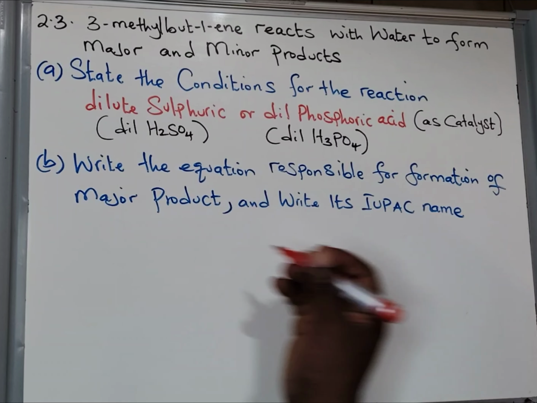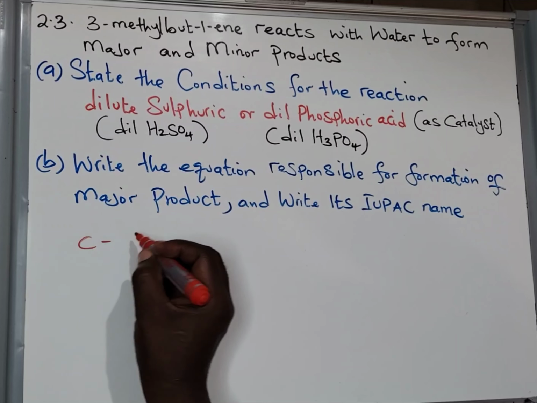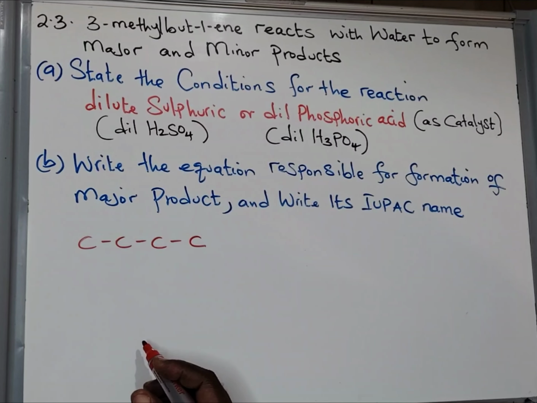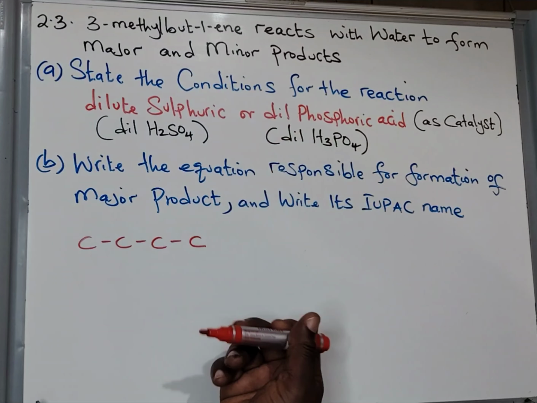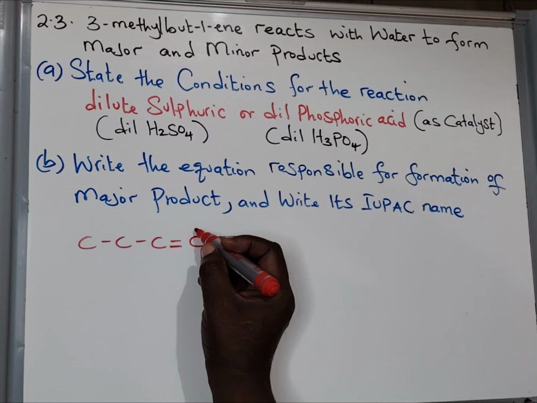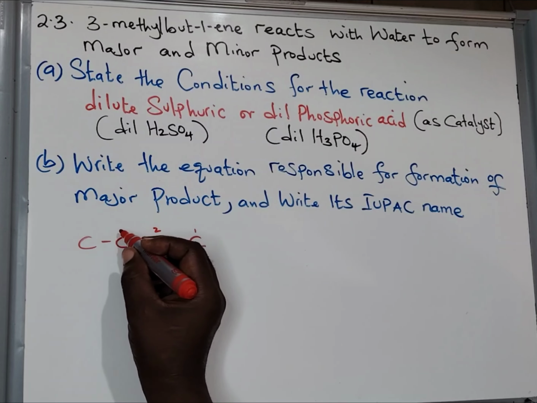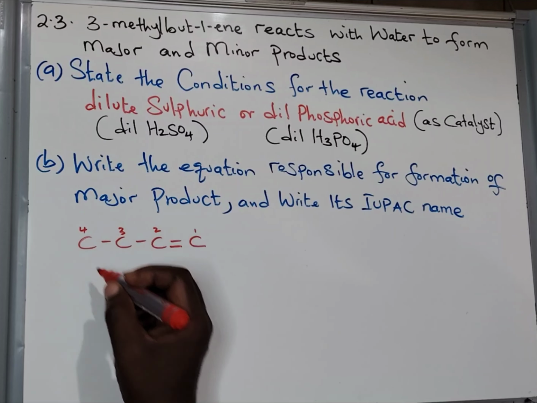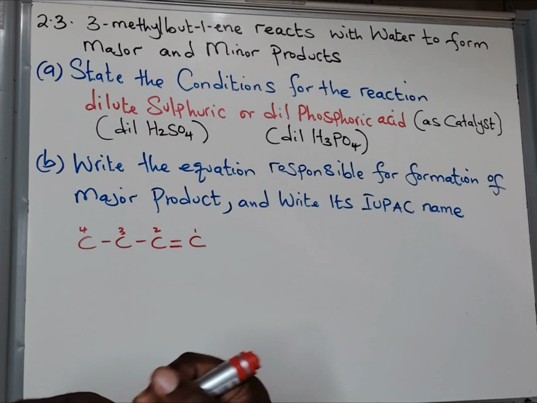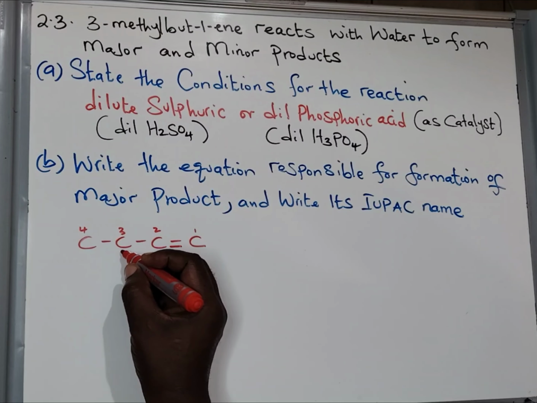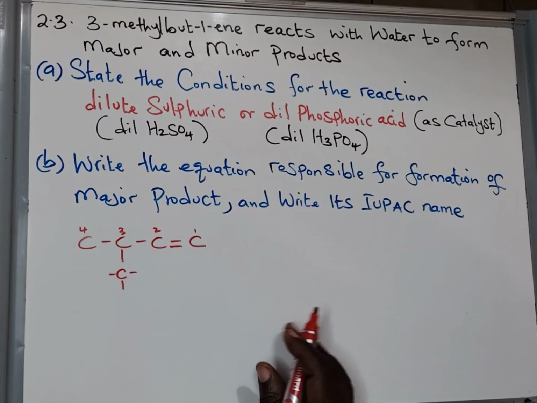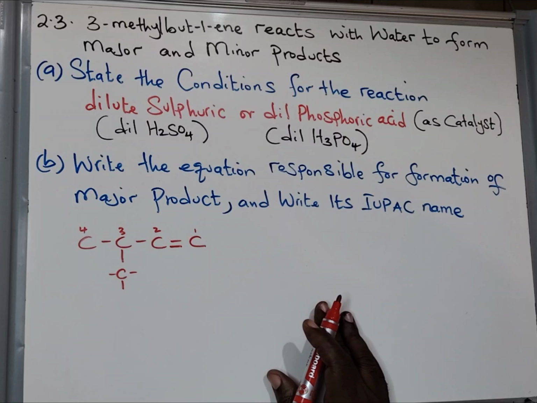It is butene, so we have a C, a C, a C, a C. There are 4. And it's 1-butene. So on the assumption that this one is number 1, number 2, number 3, number 4, on number 1 we have the double bond. Okay, then if that's the case, on number 3, you have the methyl group.